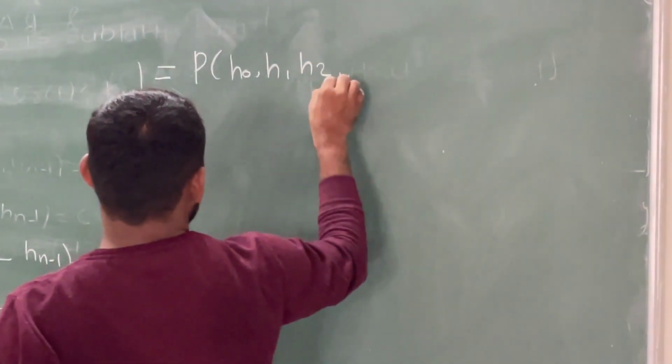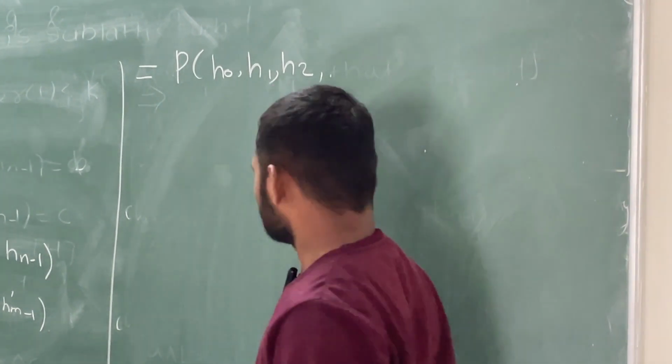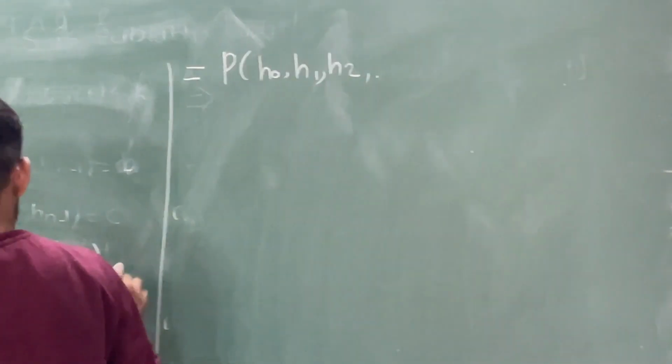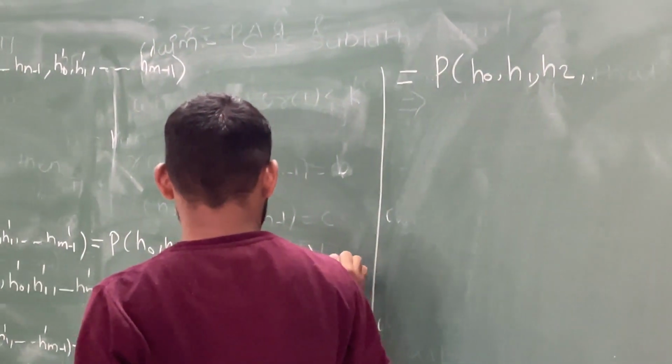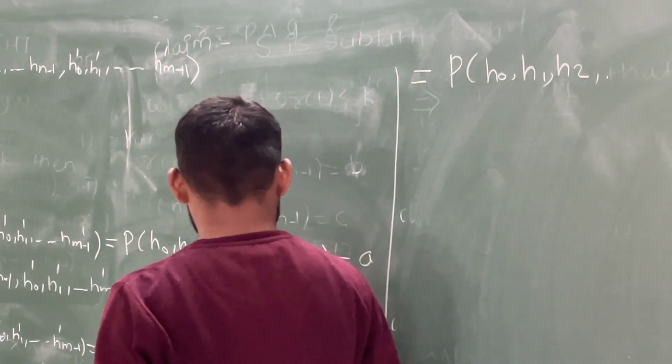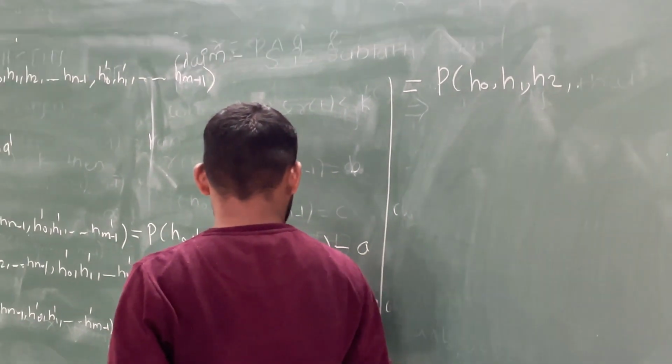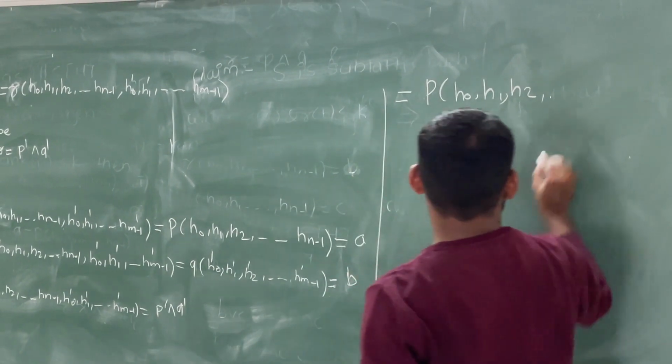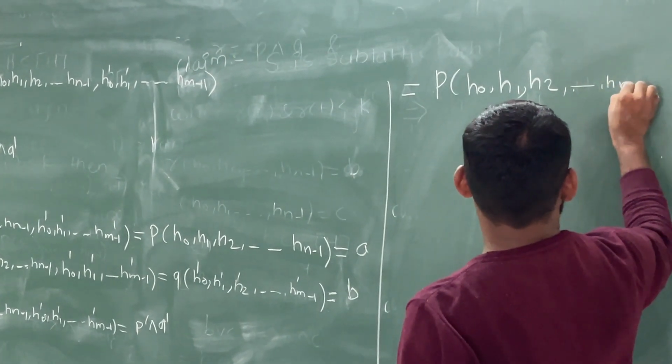There you write that it is equal to a, then the next one is b, yes or no? So therefore that is equal to a meet b.